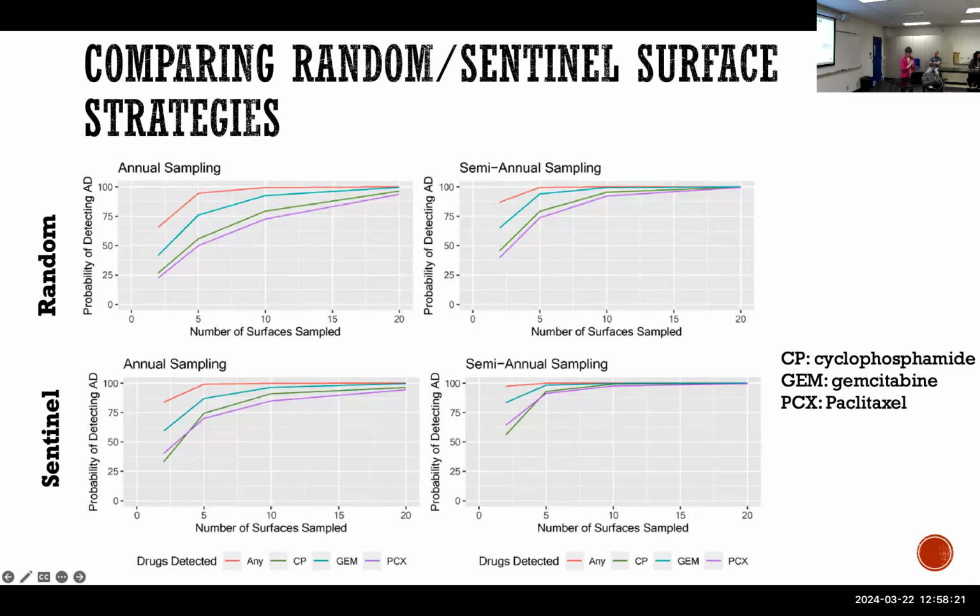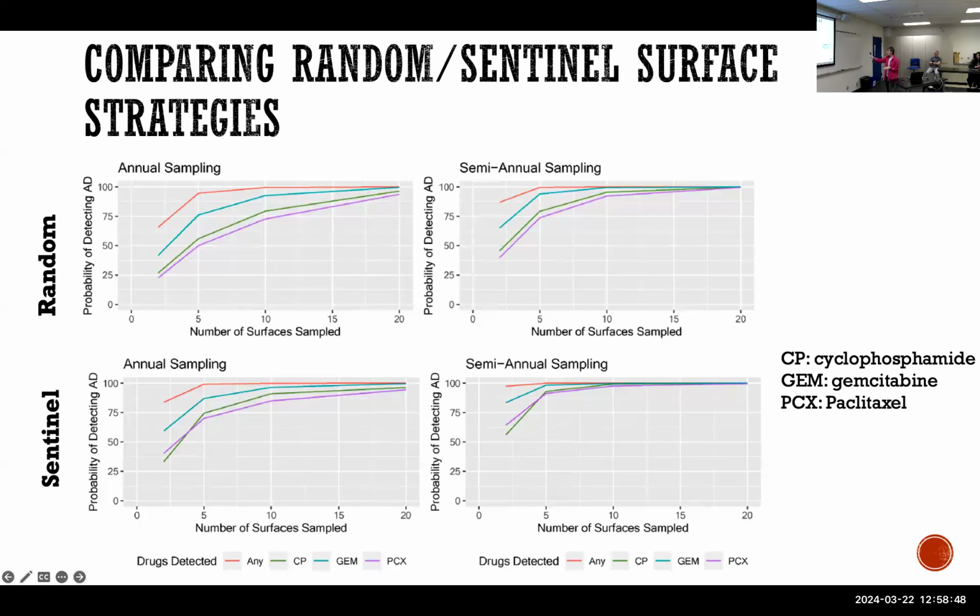And you can see in these figures, there's a very clear inflection point where we gain power up to a certain point, and then the power gained by collecting additional samples really levels off. So that really helps us to see where we get the greatest efficiency. And we can see with the red line that shows the highest probability of detecting an AD, that's where we get the greatest effectiveness.